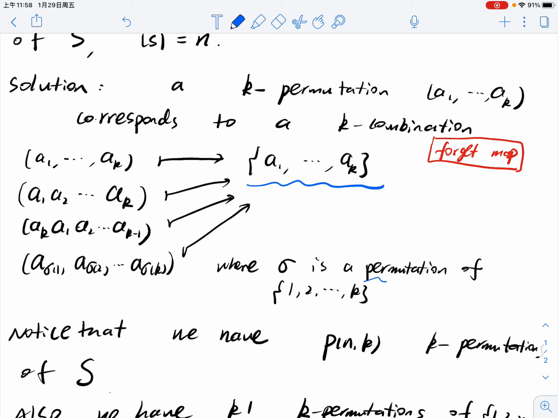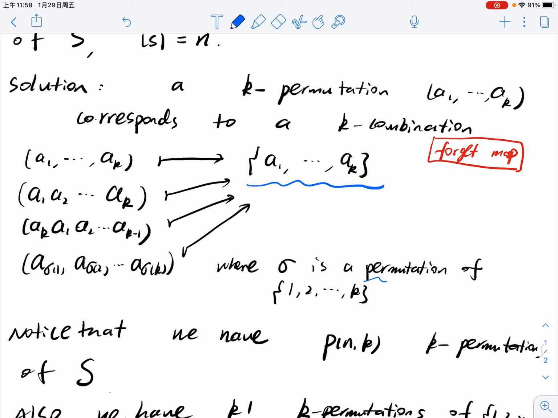Okay, and then a remark. We introduce some conventions. When k is 0, we call it C(n,0), or zero combination. We introduce a notation, parenthesis n k parenthesis.